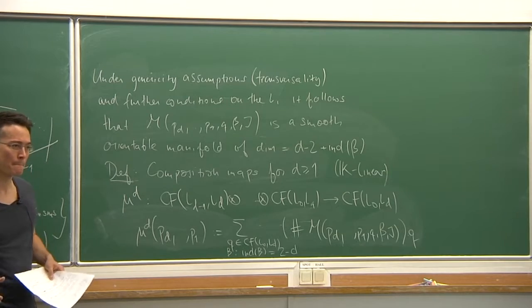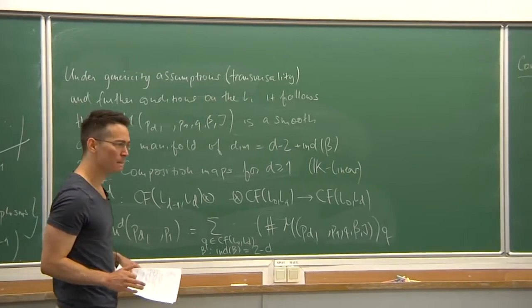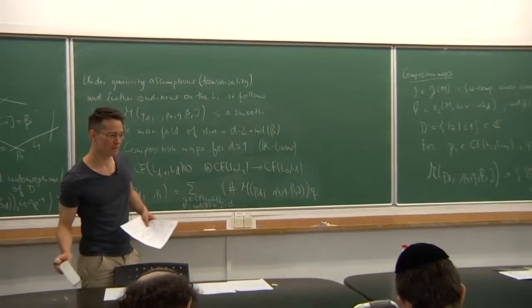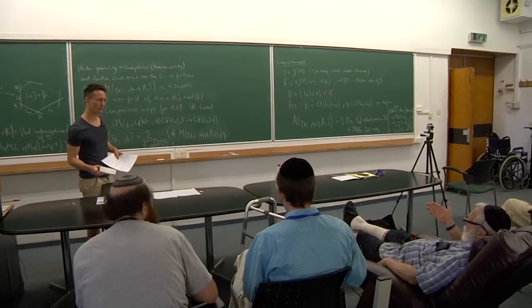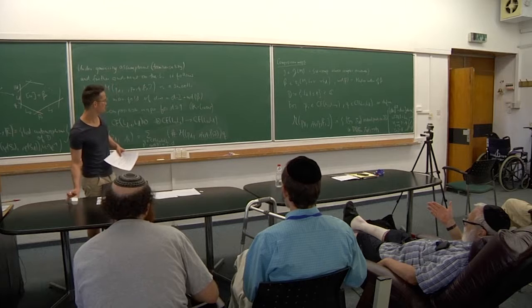Now, of course, there is a question here: how does this composition depend on J?